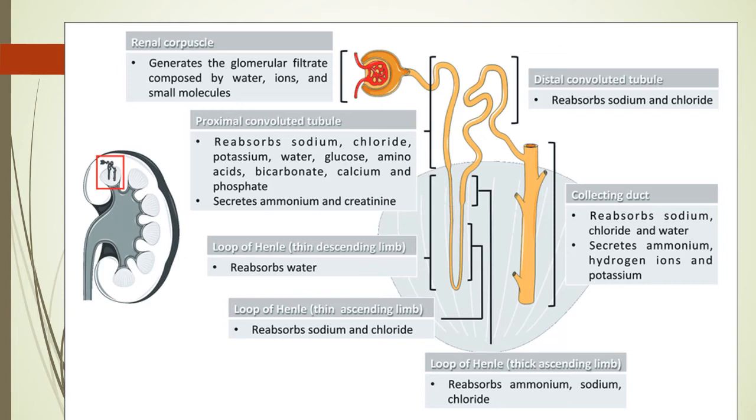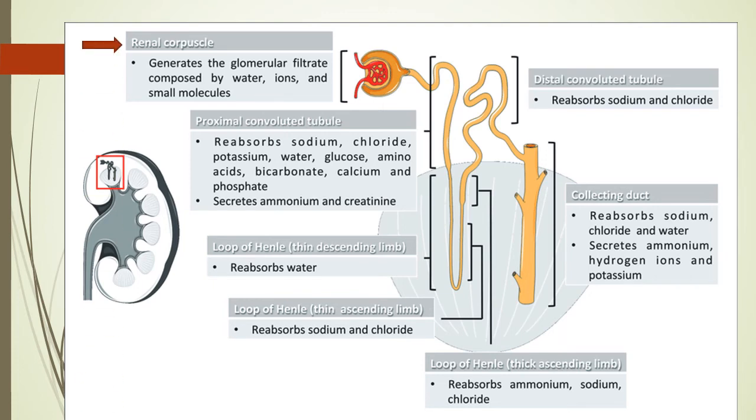Second, tubular secretion. Whatever is not needed will go outside. Okay, so these two things, and with this, ultrafiltration, very important. So here we will focus on those functions with each and every part. Okay, so tubular reabsorption, tubular secretion, and the first part, that's ultrafiltration.